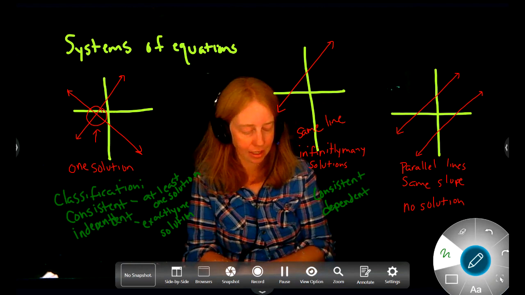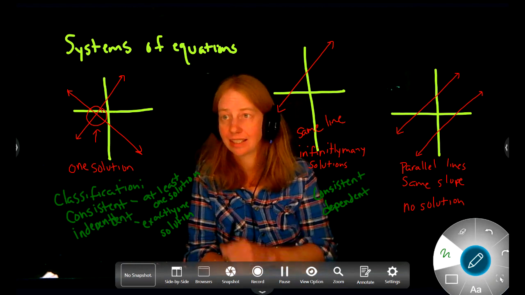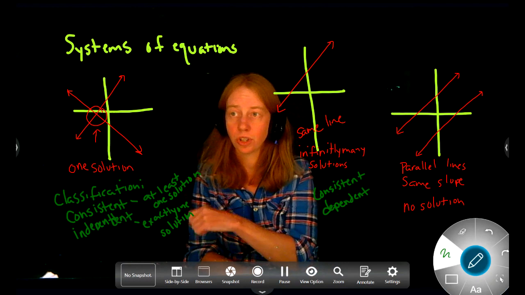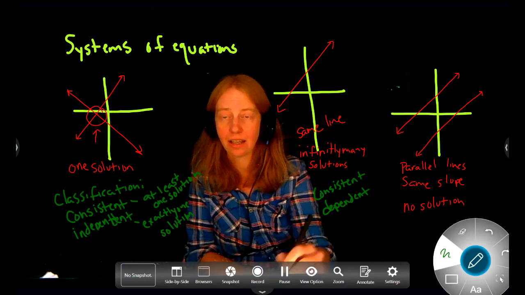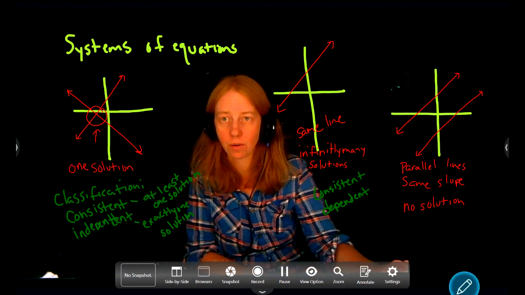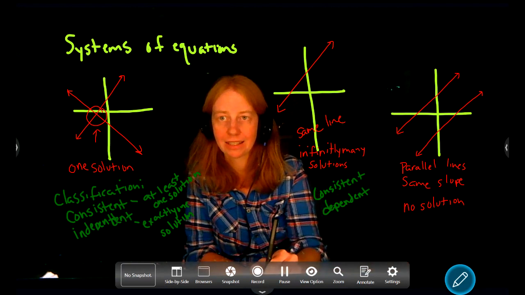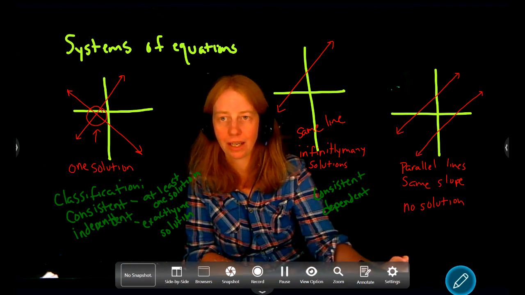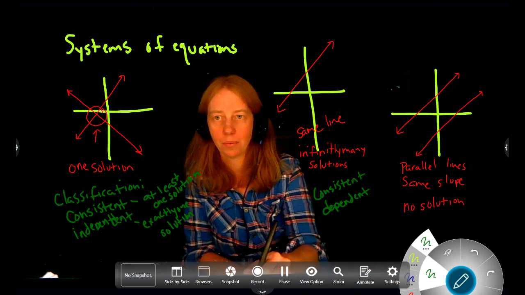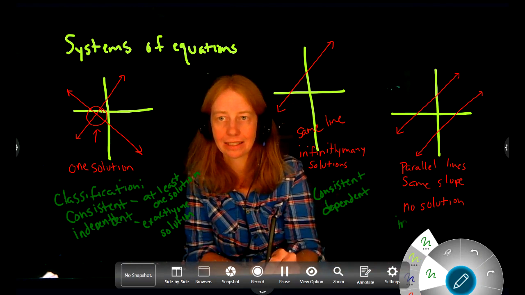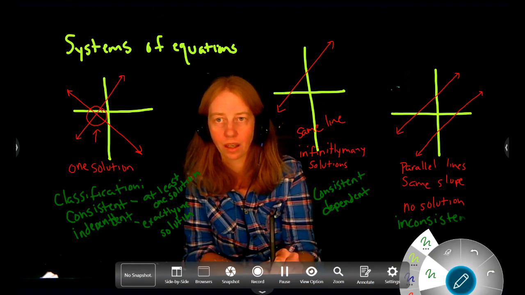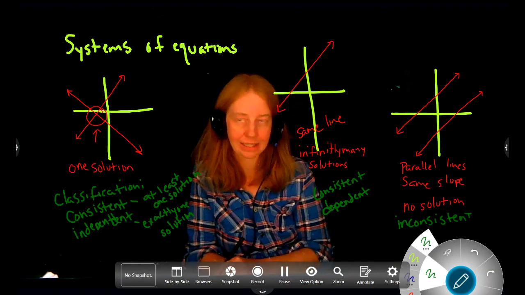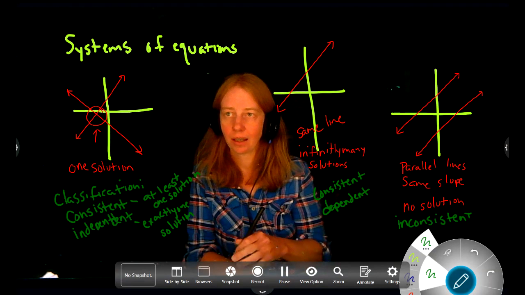And then our last one, does it have at least one solution? No, it does not. So we're going to say this is inconsistent, and because it is inconsistent, we don't need to do the second one.